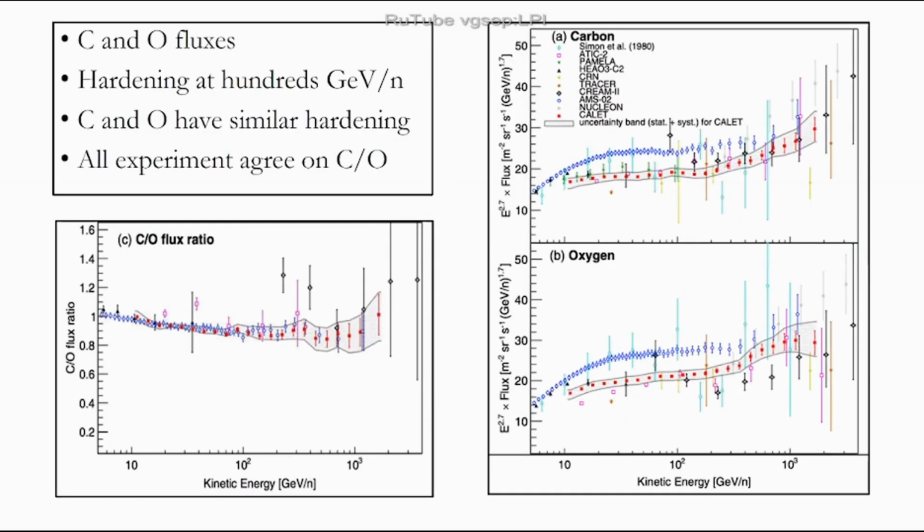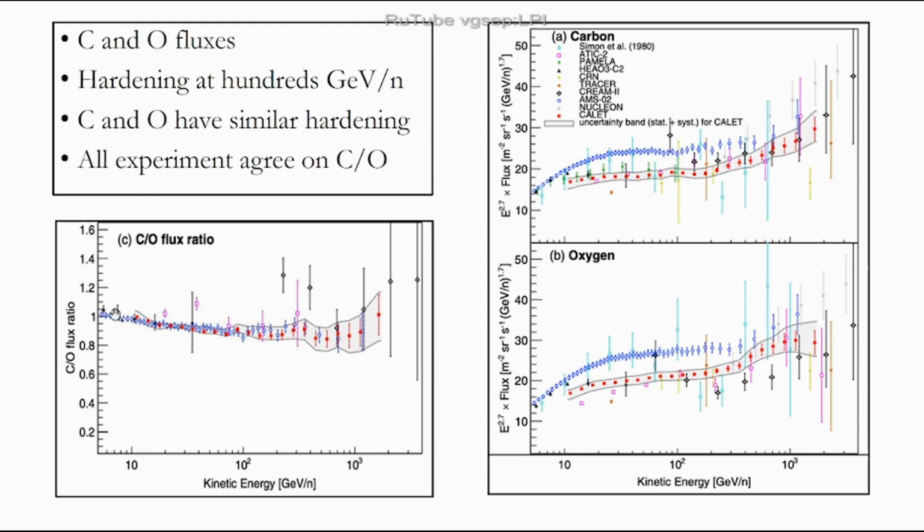Moving to heavier elements, in this plot are shown the carbon and oxygen spectrum, so elements of the CNO group. And again, we can see the hardening at hundreds of GeV per nucleon, around here. Again, we can see the differences in the absolute scale calibration that is reflected in differences on the y-axis on this plot, because we multiply the flux by the energy to the 2.7.